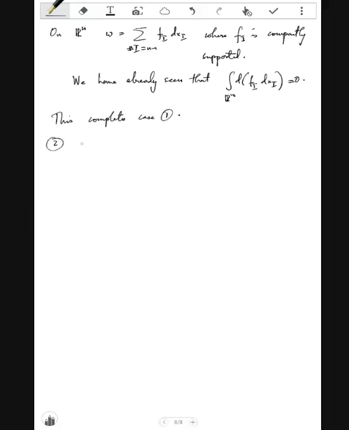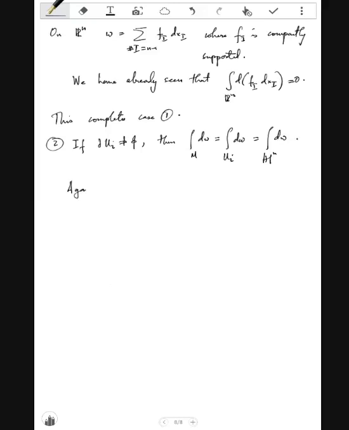So next let's look at case 2. Here the boundary is non-empty. So in this case we have integral over M of d omega is equal to integral over Ui of d omega. And since Ui is now contained in the upper half plane, this is integral over Hn d omega.